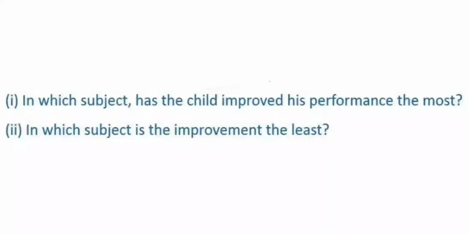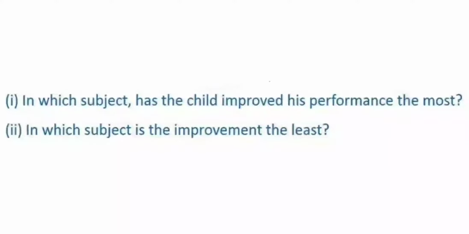So the first question is, in which subject has the child improved his performance most, and in which subject is the improvement the least? Here we need to find the difference between the two terms, first term and second term.